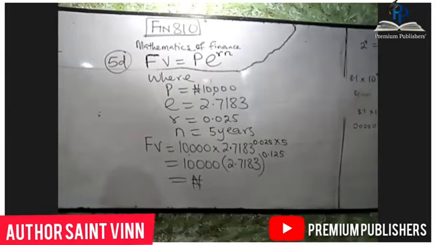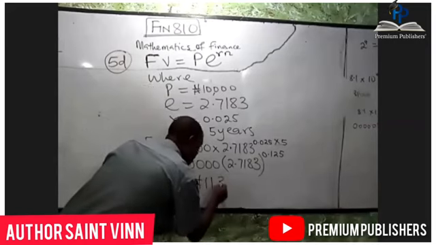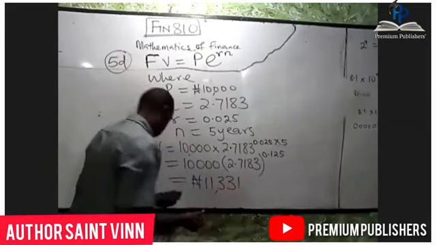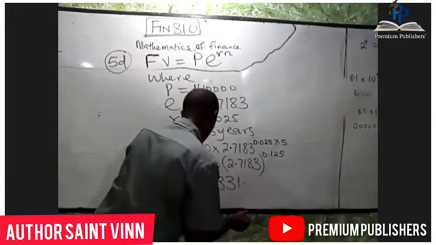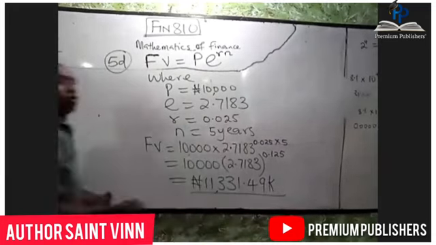Will I be penalized? No, it's a choice, provided what you have written is okay. So our answer is 11,331.49.